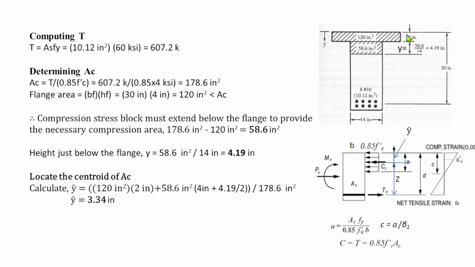The centroid of this element is 2 inches, that's why 120 times 2, plus the area of this one here, 58.6, times the distance from the top to the centroid of this area, that is 4 inches plus half of 4.19, so 4.19 divided by 2, all over 178.6, the total area.